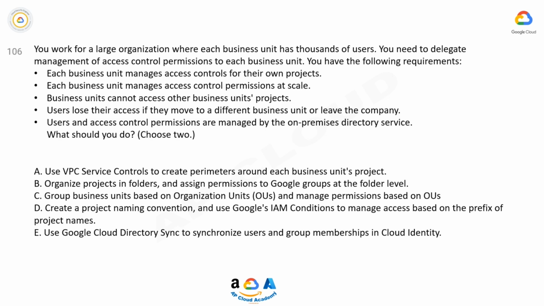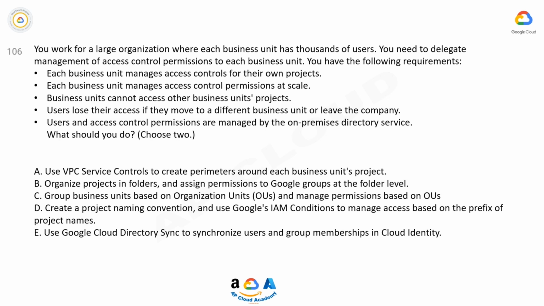A. Use VPC Service Controls to create perimeters around each business unit's project. B. Organize projects in folders and assign permissions to Google Groups at the folder level. C. Group business units based on organizational units (OUs) and manage permissions based on OUs. D. Create a project naming convention and use Google's IAM conditions to manage access based on the prefix of project names.